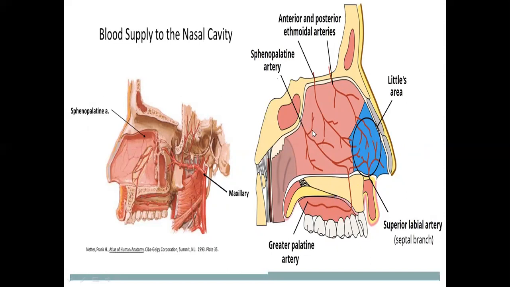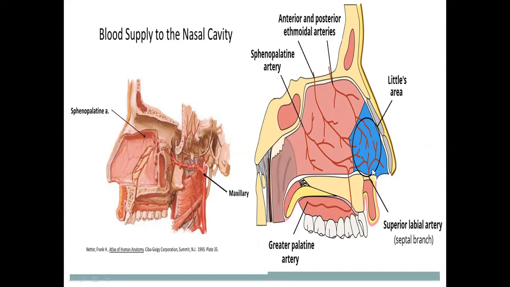The sphenopalatine artery is the largest branch of the maxillary artery, which gives the blood supply to the nose. And the superior labial branch of the facial artery also contributes to the blood supply of the nose.